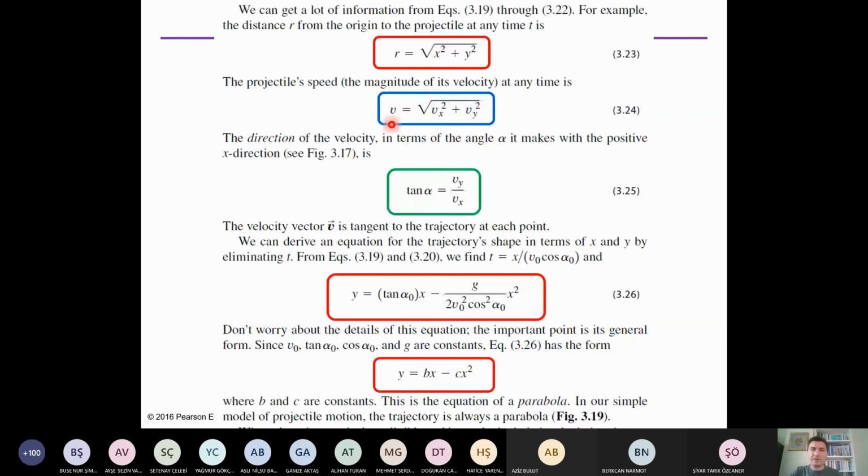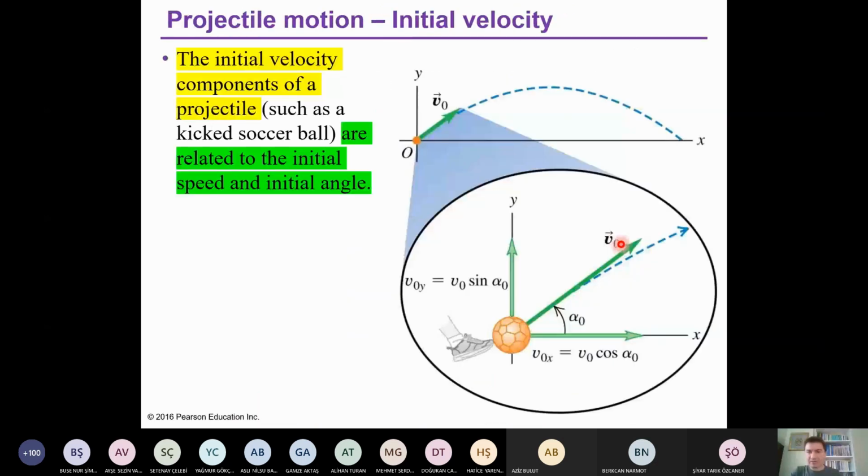And the speed, or magnitude of the velocity of the projectile, is given by v, which is equal to the square root of vx squared plus vy squared. And the angle, tangent alpha, is given by vy over vx. Look at this one, tangent alpha equals vy over vx, okay.